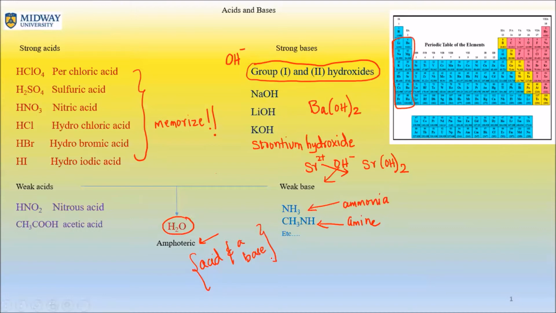That's because water is such a universal solvent, and it's amphoteric, meaning it can behave both as an acid and a base. You will see this when we get to a special case under Lowry-Bronsted theory. But for now, just remember this word: water is amphoteric, it can act as an acid and a base.